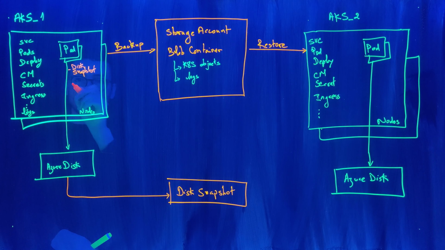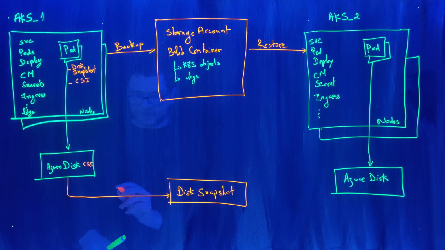So make sure you enable the disk snapshot. We should enable that in addition to the CSI driver for the disk. This Azure Disk is actually a disk of type CSI. So this will perform the disk snapshot operation in order to create the backup.